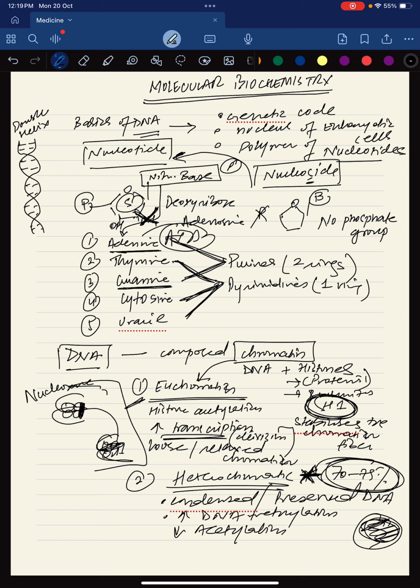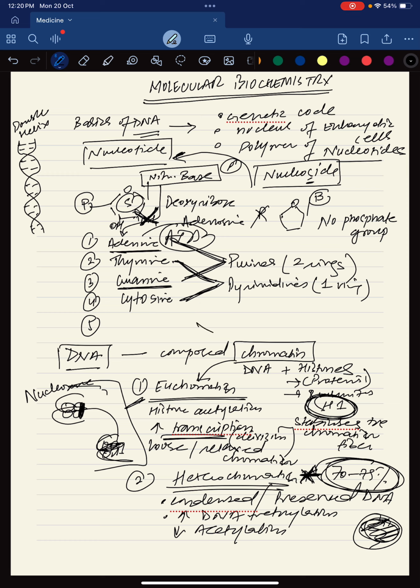So this is mainly about the structure of DNA. DNA is composed of chromatin. Chromatin is DNA plus histones. DNA is a double helical structure whose basic unit is the nucleotide. A nucleotide has a sugar backbone with a nitrogenous base, and the nitrogenous bases are five: adenine, thymine, guanine, cytosine, and uracil.